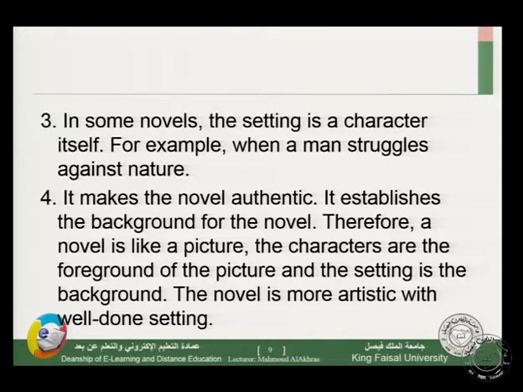The characters are the foreground of the picture, and the setting is the background. So we have foreground and background. The setting is the background of the novel. Foreground, we have characters and other elements. The novel is more artistic with well-done setting.